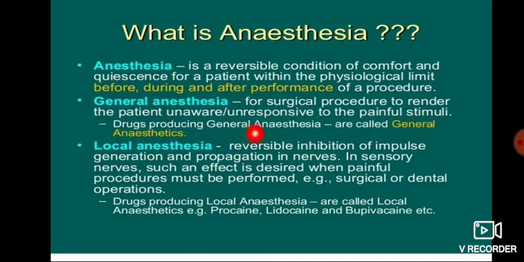Drugs producing general anesthesia are called general anesthetics. And local anesthesia is reversible inhibition of impulse generation and propagation in nerves. In sensory nerves, such an effect is required when painful procedures must be performed, for example surgical or dental operations. Drugs producing local anesthesia are called local anesthetics, example procaine, lignocaine, etc.